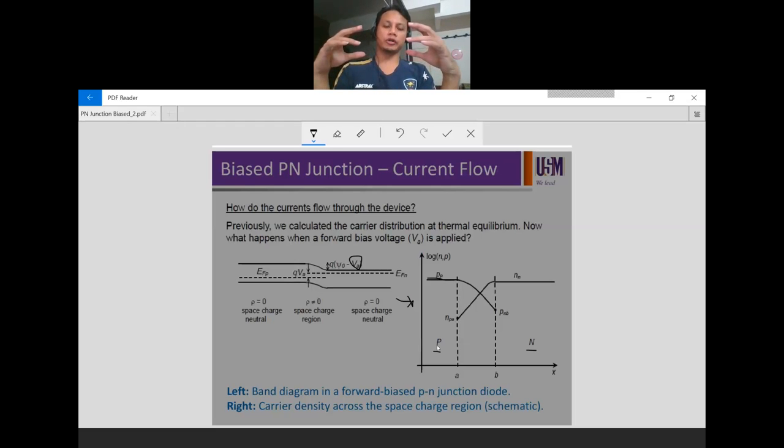The moment you have your junction ready, the majority carrier in the p-type still doesn't change. What's the value equal to for p-type, Na or Nd? Na, right? So in p-type, p equals Na.